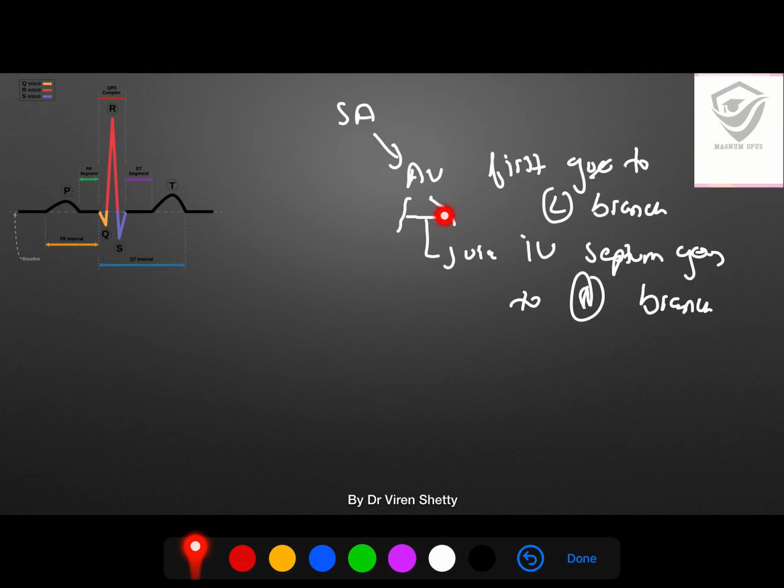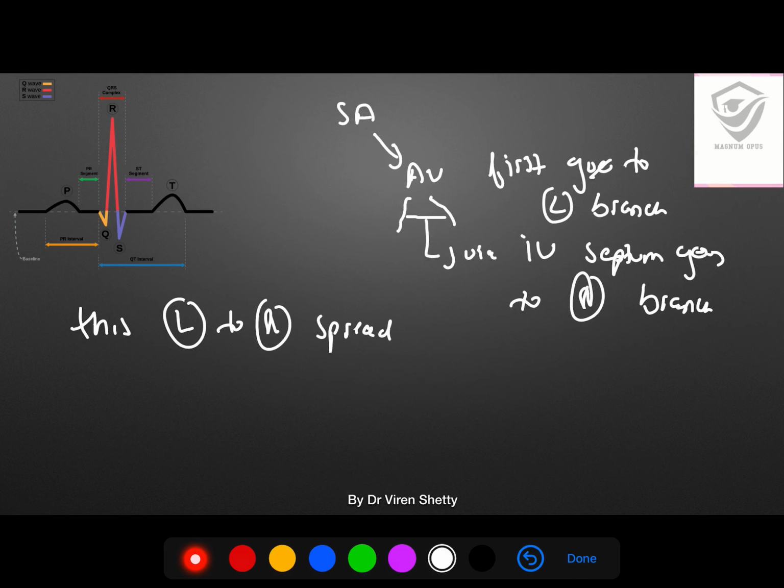So this left to right spread gives the downward deflection of the Q wave.